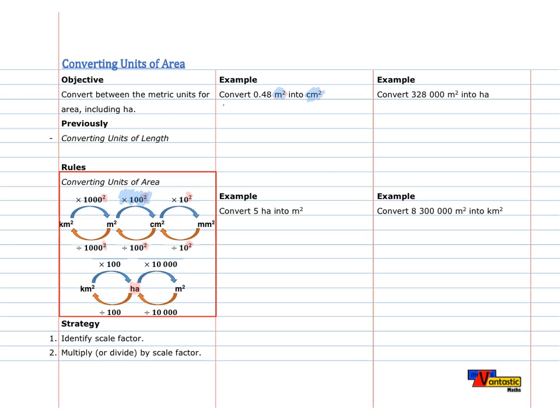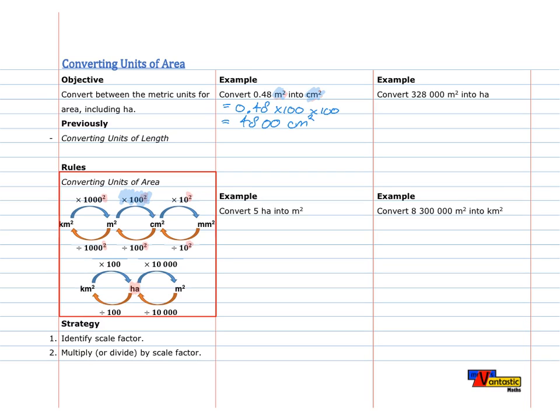So I'm going to write this as 0.48 times 100. And I'm going to do that twice, so times 100 again. Equals, and you can use your calculator here if you need to. I can see that this will be 4800, so 4,800 centimeters squared.